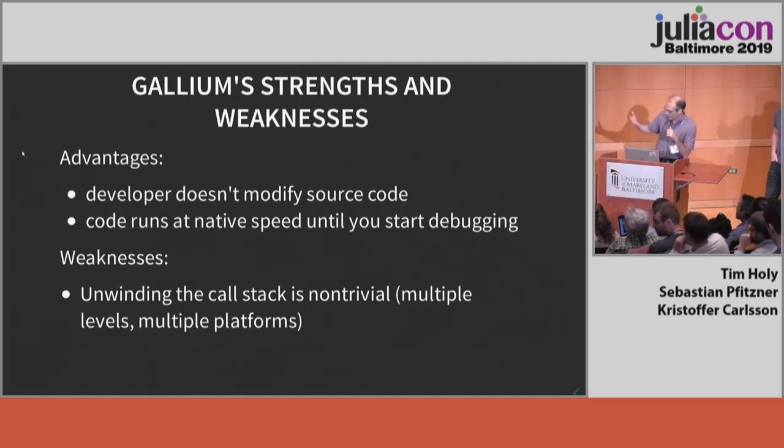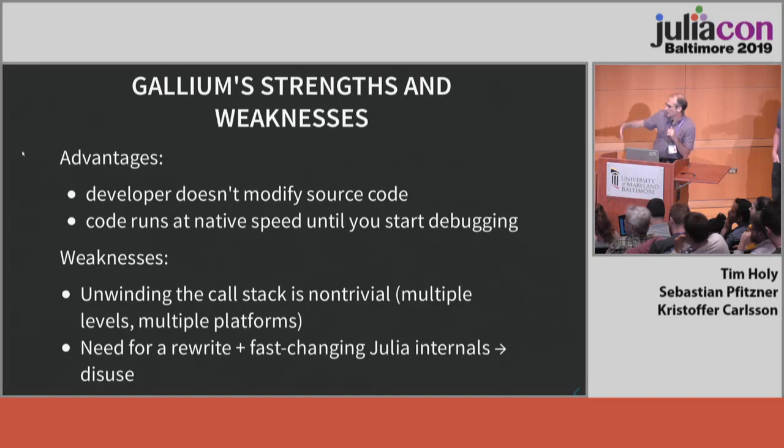Supporting this across multiple CPU architectures and other things like that made this a very demanding task. The fact that it still needed a lot of work to get working robustly, and that Julia's internals were changing very rapidly at the time Gallium was being developed, meant that it got to a point where it wasn't very usable anymore.